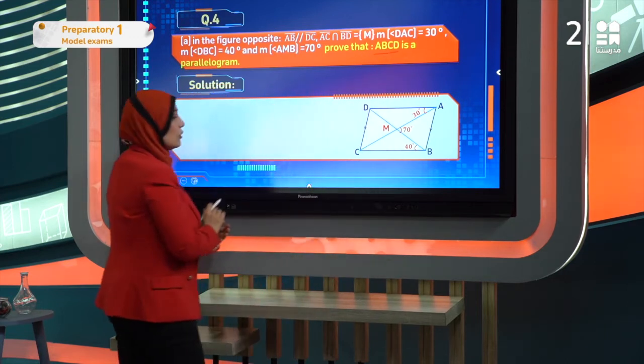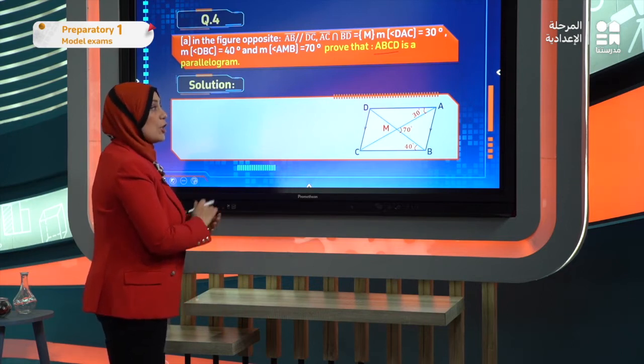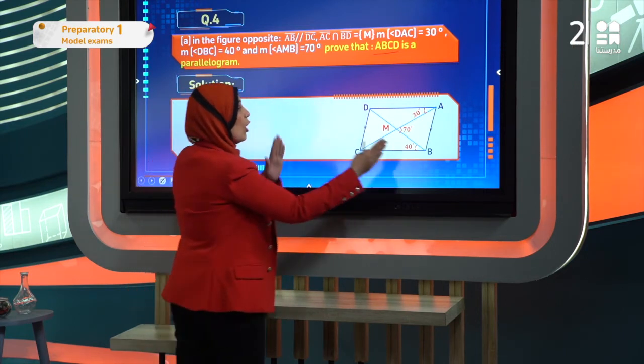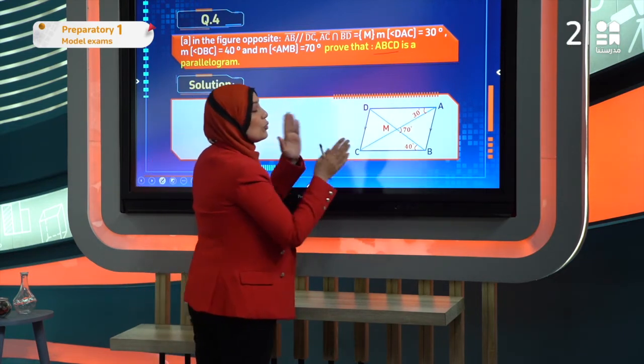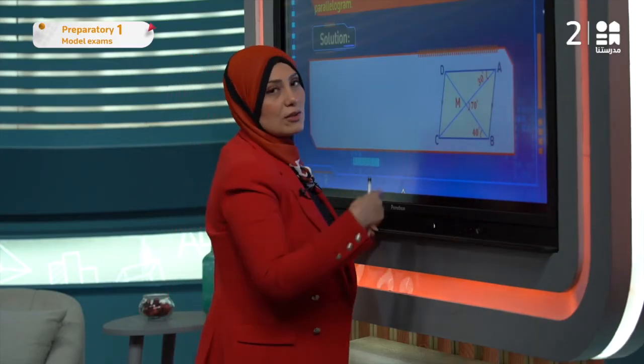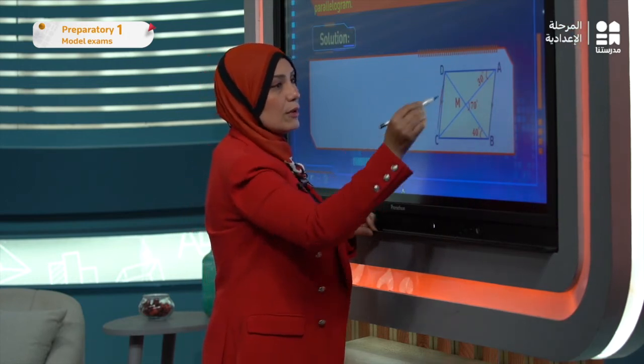ABCD is a parallelogram. What is the meaning of a parallelogram? What are the properties to be a parallelogram? The two opposite sides are equal. The two opposite sides are parallel. The two opposite angles are congruent. So here we have one pair of sides.